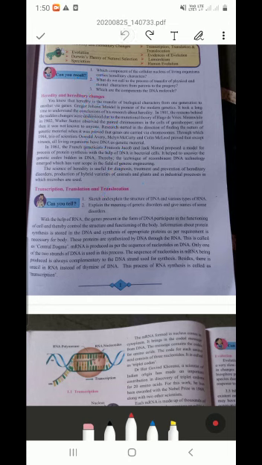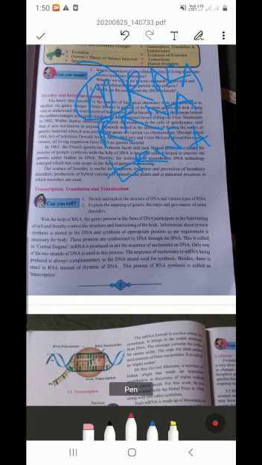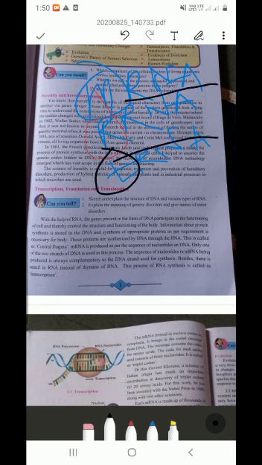These are the points you should know. And types of RNA: mRNA, messenger RNA; rRNA, ribosomal RNA; and tRNA, transfer RNA.